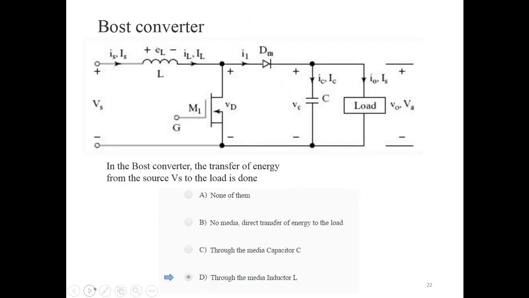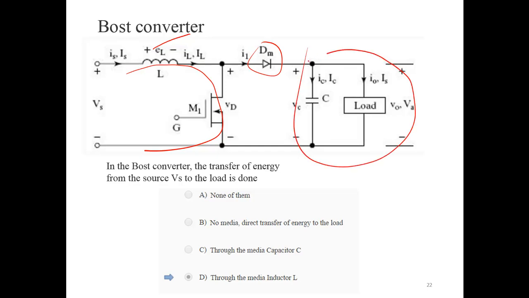The boost converter. What is a boost converter here? When you turn on the switch, the inductor current will rise, and then when you turn off the switch, the energy stored in the inductor is transferred through this diode to this load here.